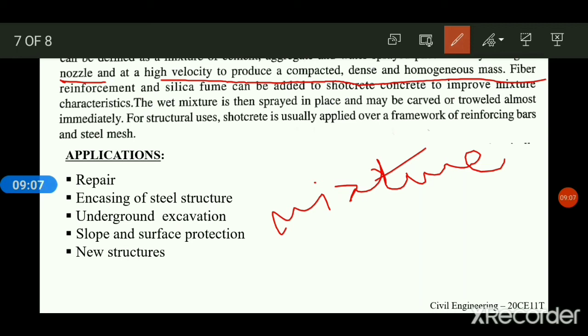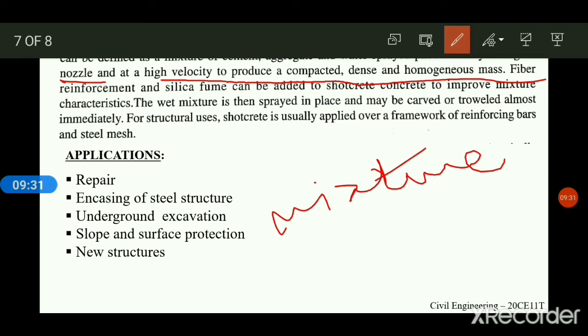Shotcrete also allows good compaction without concrete vibration, and reduces the amount and time of formwork installation and removal. It is also used in mining and tunneling for temporary constructions to ensure the workers' safety.